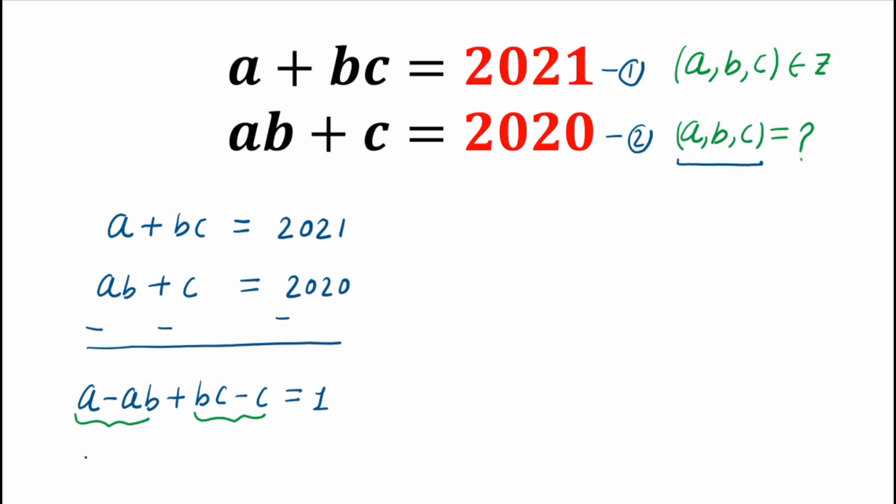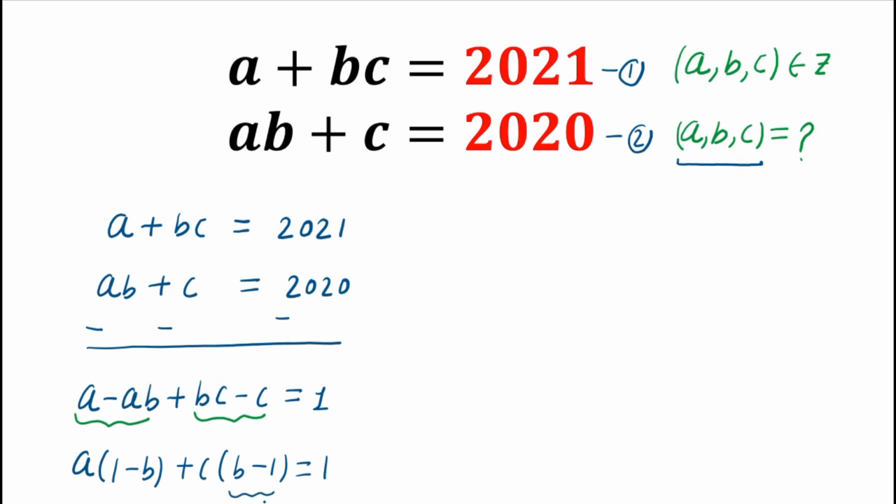If we take common a, then you will get 1 minus b, and if we take common c, then here b minus 1. Now here we have 1 minus b and here b minus 1.